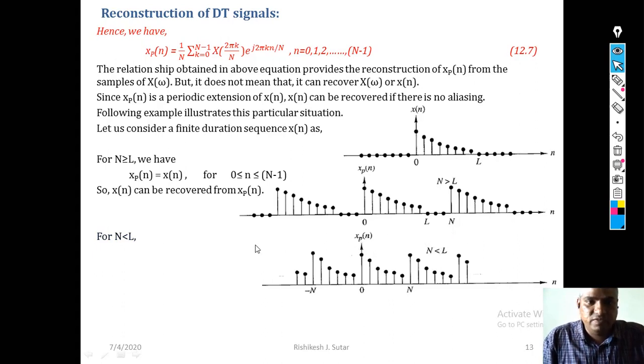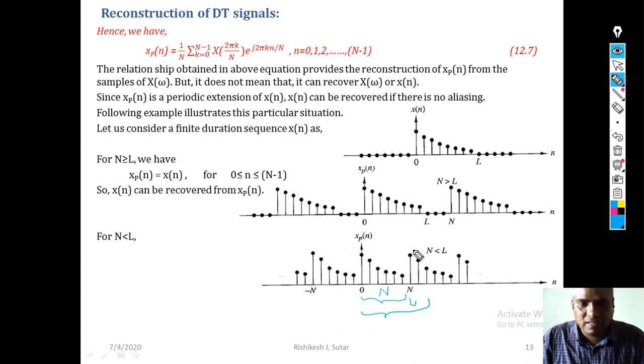You can observe here that this is the number of samples N, and what is written here is that L is greater than capital N. This is the L. So in this case you cannot separate out the L samples from xp of n.